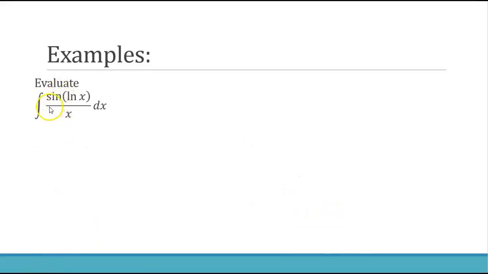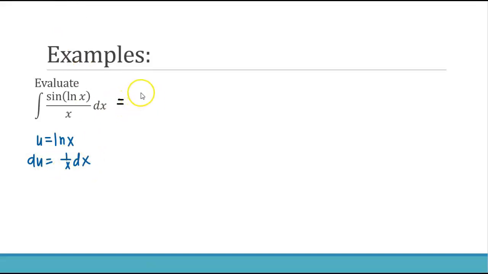In this example, I want to evaluate the integral of sine of the natural log of x over x dx. So here we're going to go ahead and let u be natural log of x, because the derivative is 1 over x dx, and I can see that is involved in my integrand. So if u is the natural log of x, well then du is 1 over x dx.